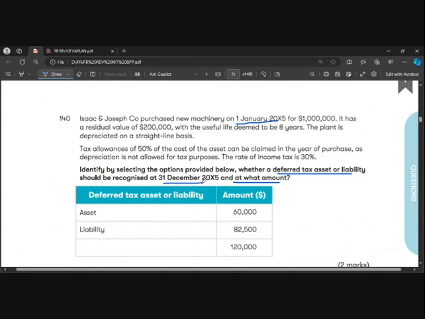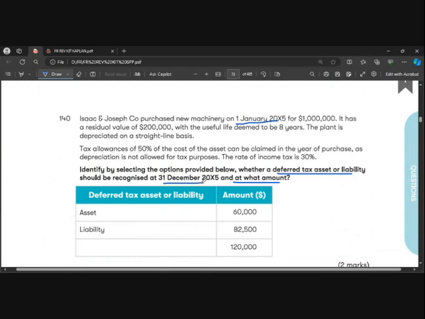Okay. And then how about the tax base? 5 million. Remember the zeros. Tax allowance is 50% of the cost of the asset to be claimed in the year of purchase, and depreciation is not allowed. Directly 50%, right? It's not 9 million.